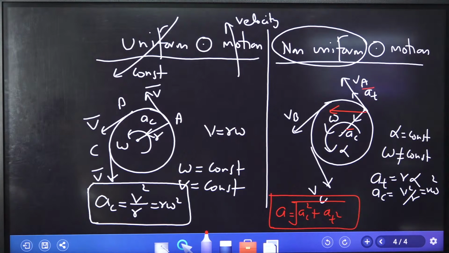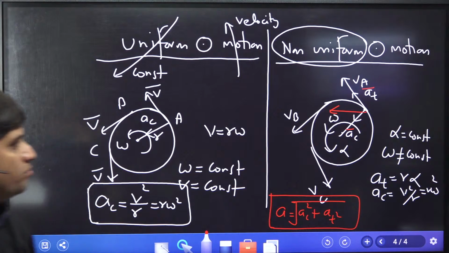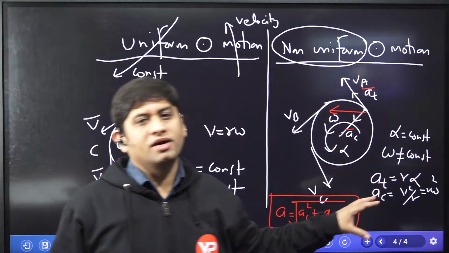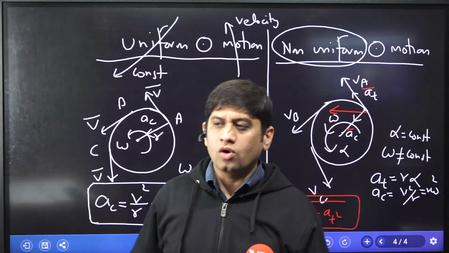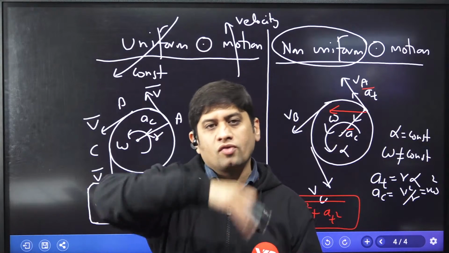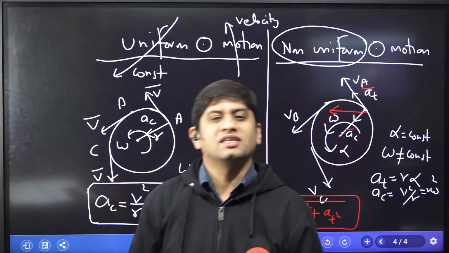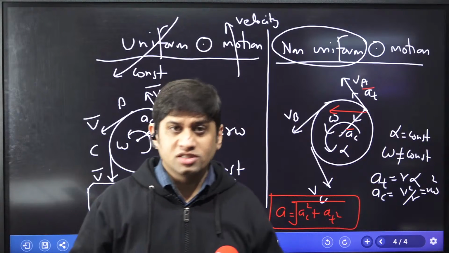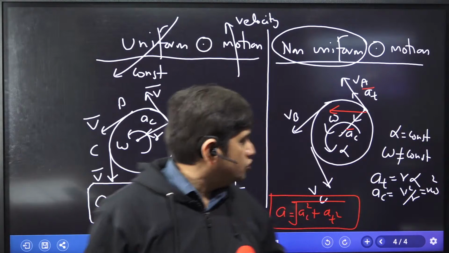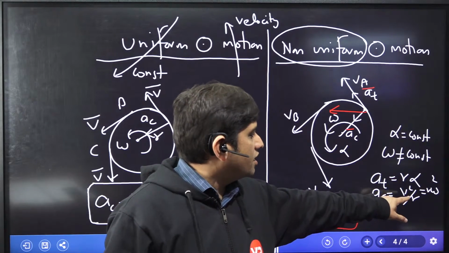So a_t square plus a_c square under root, that becomes our total acceleration. And believe me, from this concept, बहुत बार question पूछा है कि acceleration बताओ if there is acceleration of the body when it is moving on a roundabout, and there is a change in direction also. So use these two formulas, R alpha and R omega square.